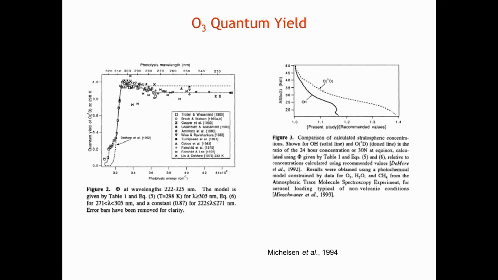The other one. Singlet D is the high energy one. Okay, triplet P is ground state. Singlet D is the excited state. And singlet D plus water goes to 2OH.